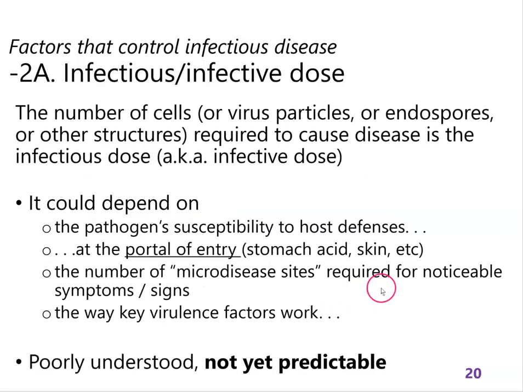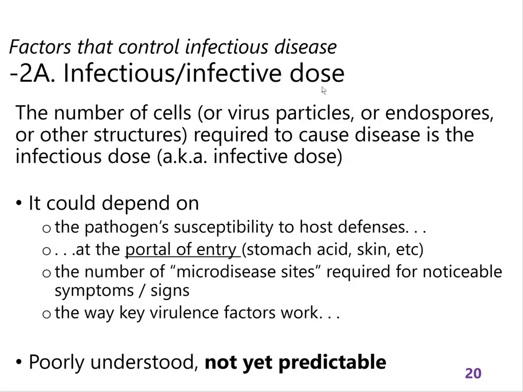So we start with conditions of contact, and those are going to be time, dose, and portal of entry, and I'm going to skip through a lot of this. The infectious dose or infective dose, same thing. This is a mystery. Why is there such a thing as infective dose? In some cases, it's hard to know why 10 cells are enough to cause disease, but 1 wouldn't be.